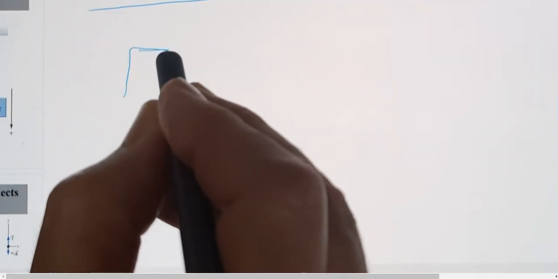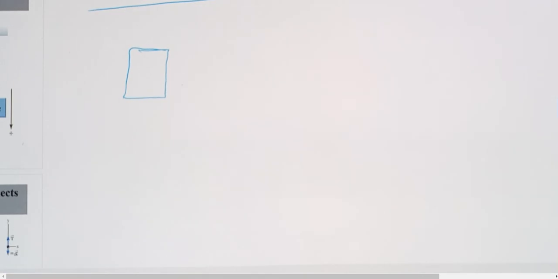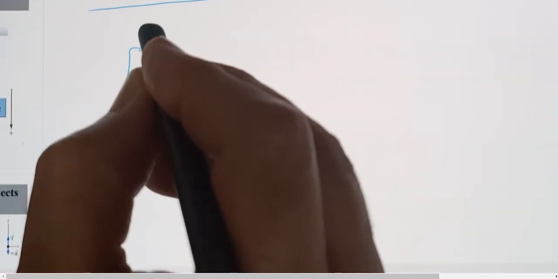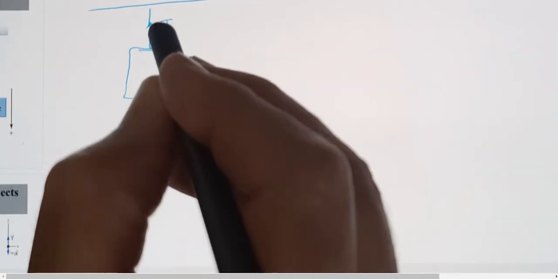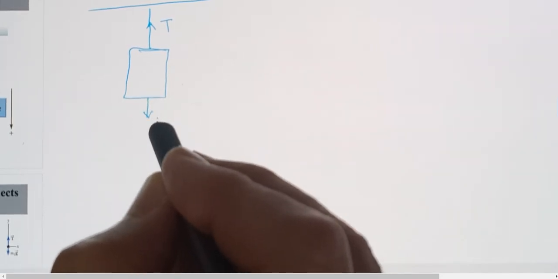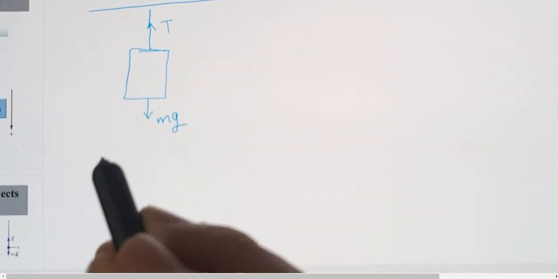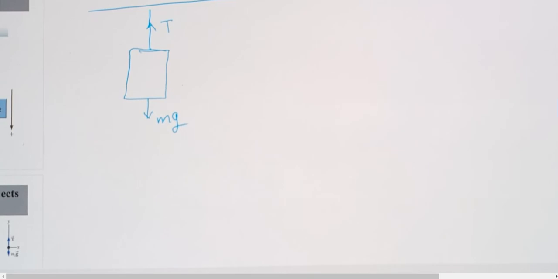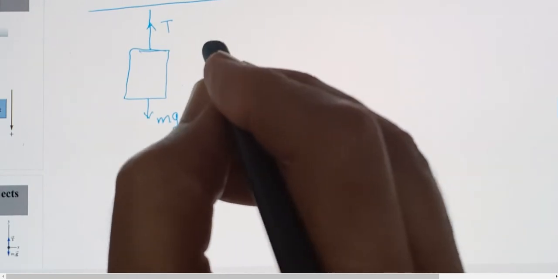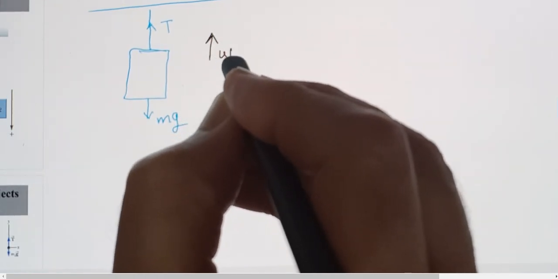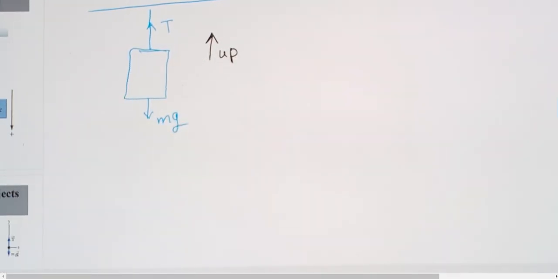So here is our situation, the first one. So we have tension up, and we have gravitational force pointing down. So now the object is moving up with acceleration.